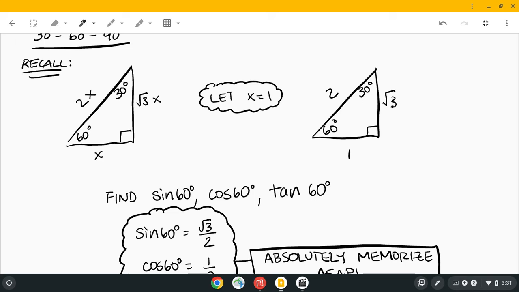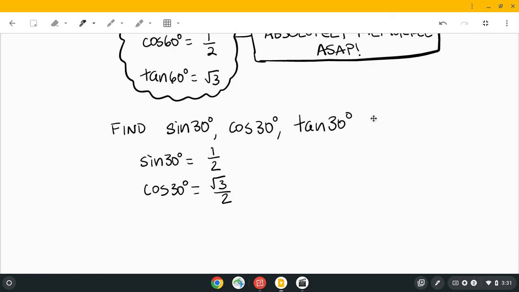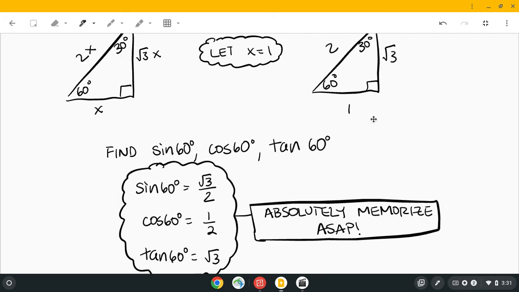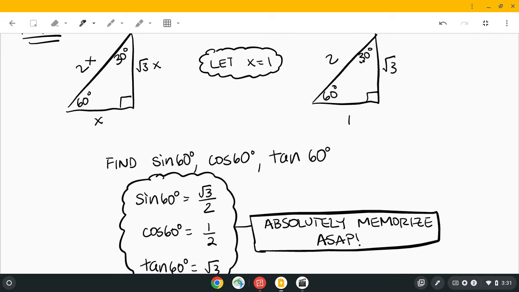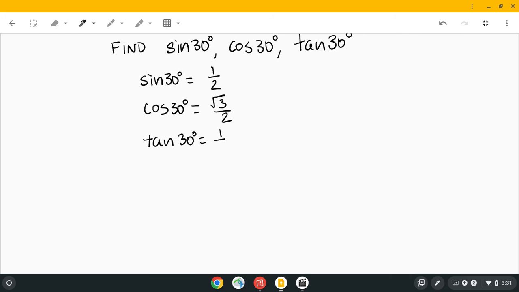Adjacent is square root 3, hypotenuse is 2, square root 3 over 2, which is what we said. And then tangent 30, we do have to look at the triangle. Opposite over adjacent, 1 over square root 3. Another way to look at that is if you rationalize the denominator, we get square root 3 over 3.